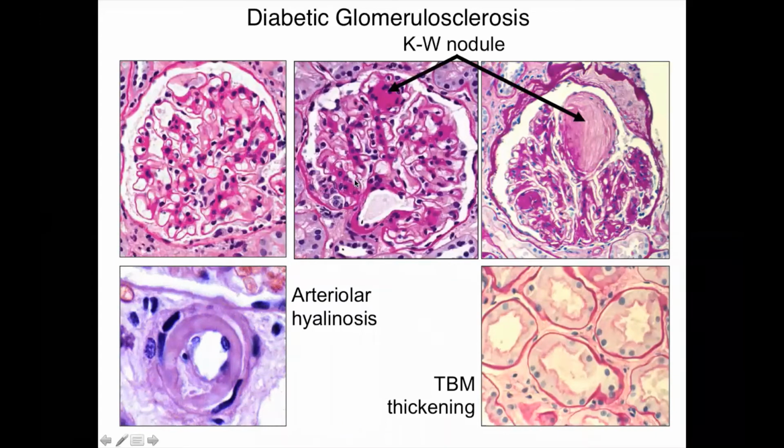The second stage can be a bit tricky, and they don't often talk about this enough in books: we get some mesangial hypercellularity.